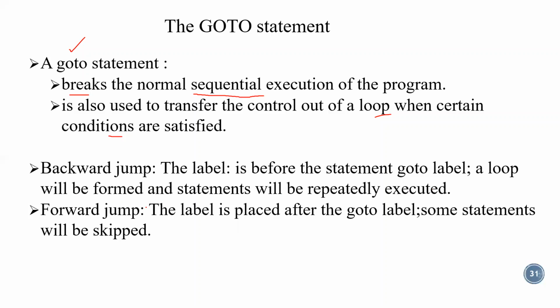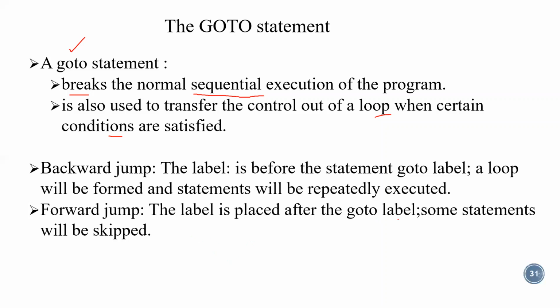So goto is actually a combination of branching and looping statements. If you want to make it a looping statement, with a set of statements to be repeated many times, you can do it using a backward jump. In a forward jump, the label is placed after the goto label, and some statements will be skipped. So when we use a forward jump, it becomes like a branching statement.